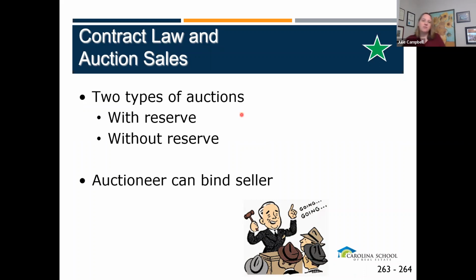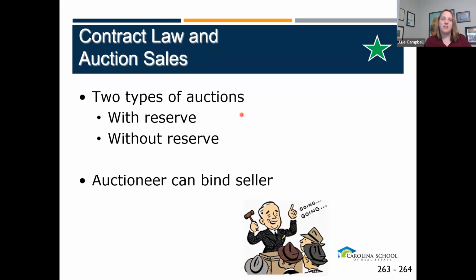When that gavel comes down and the auctioneer says sold, congratulations, we're under contract. That gavel coming down, that auctioneer saying sold, is binding the seller. The seller is now contractually obligated to sell their property to the buyer. The gavel comes down, the auctioneer says sold.